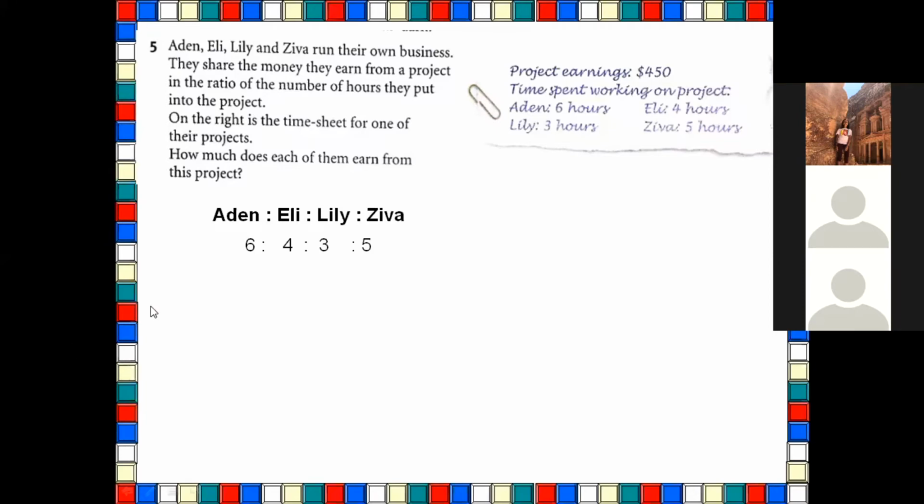So step 1, you add the ratios. 6 and 4 and 3 and 5 is 18. What do we need to share between them? The earning, which is $450. So $450 divided by 18. Oh no, there's a missing step here.